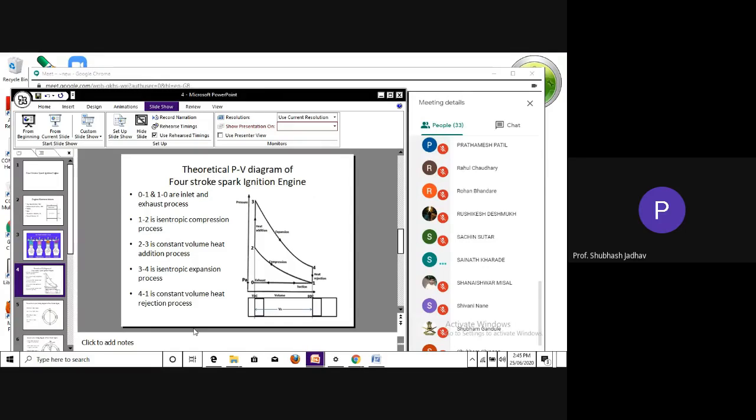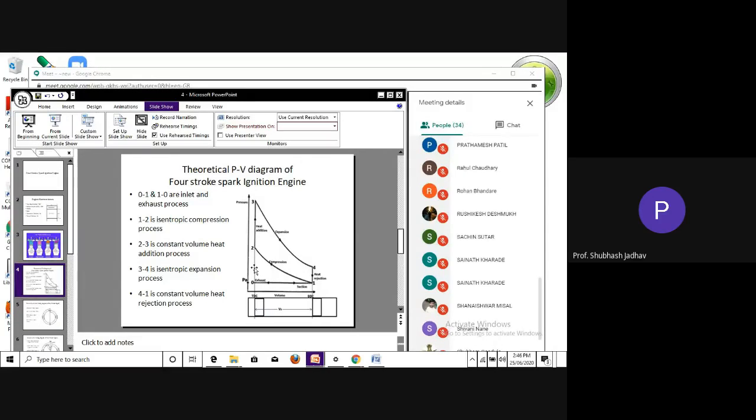Okay, I will answer. That is where I said that there is no such process as a heat rejection process actually happening inside the combustion chamber. If we are not adding this particular process, then we have to consider the 4-1 or 4-5 line moving like this when the piston is moving from BDC to TDC, and your complete process will be 0 to 1, 1 to 2, 2 to 3, 3 to 4, and 4 to 5.